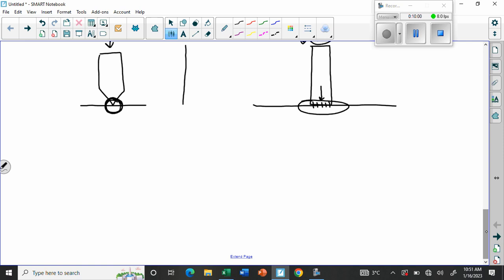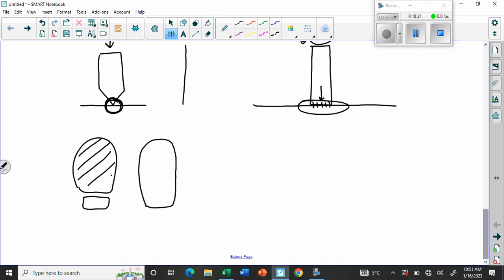Another good example is when you walk. Here's the footprint of your boot, and then maybe you have a heel on your boot, or maybe your boot is just all one thing without much of a heel and the sole is all together. Okay, so that's when you step on the ice. All of your body weight is pushing downwards into the board, but it's spread out over the area of your feet, of your boot.